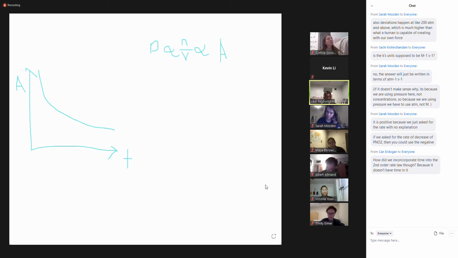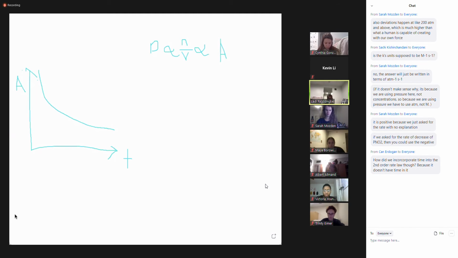If you look at the reaction we're given, you've got 2 moles of NO2 forming 1 mole of N2O4, or in terms of pressure, 2 atmospheres of NO2 forming 1 atmosphere of N2O4. This means that the pressure is going to be highest at the beginning of the reaction and lowest when the reaction is complete. So when the time is low, we're going to have a high absorbance because we still have a high pressure. And as the reaction goes on, we're going to have a lower pressure, so we'll have a lower absorbance.